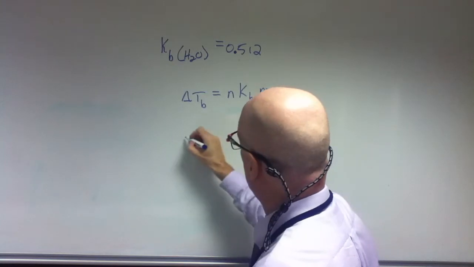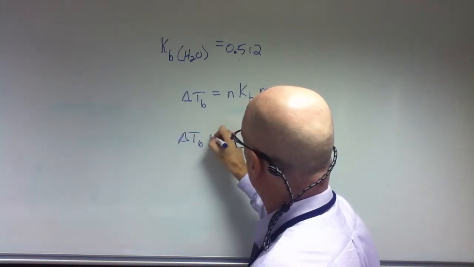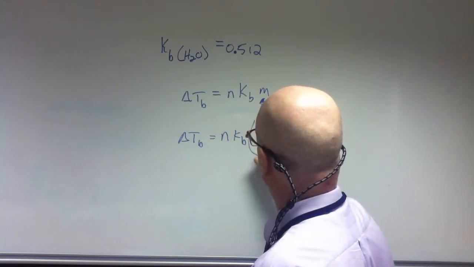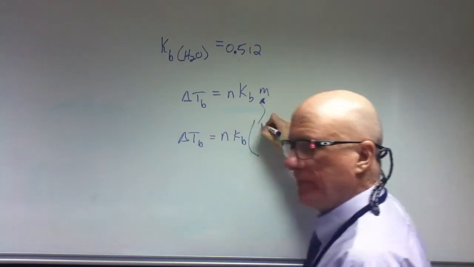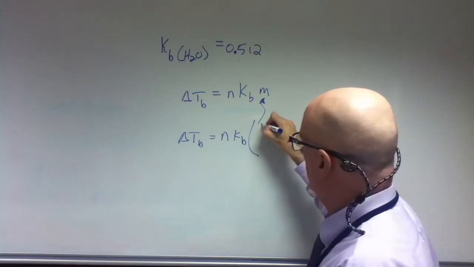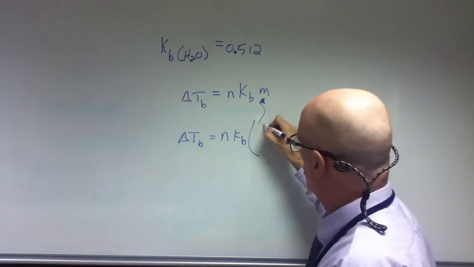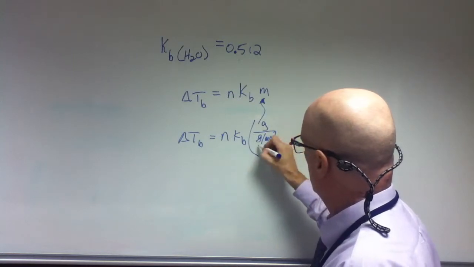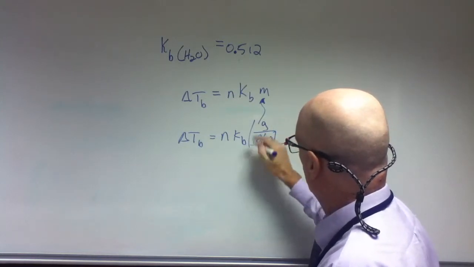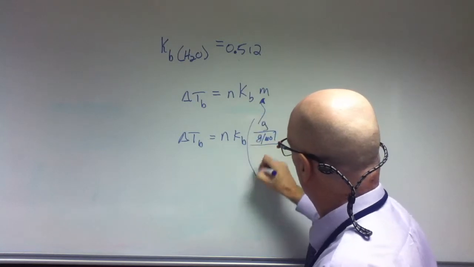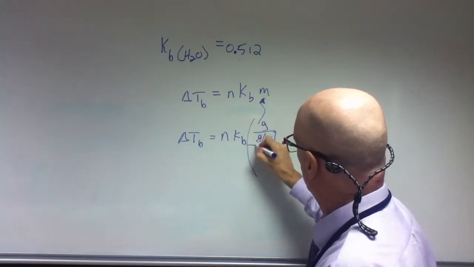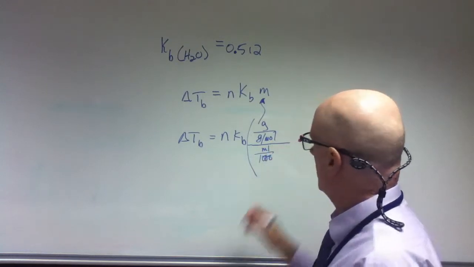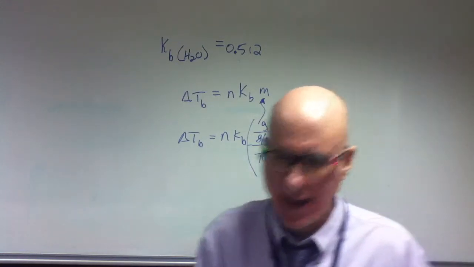It equals n Kb, and m will be grams over gram molecular mass, over milliliters over 1,000. We can expand that.